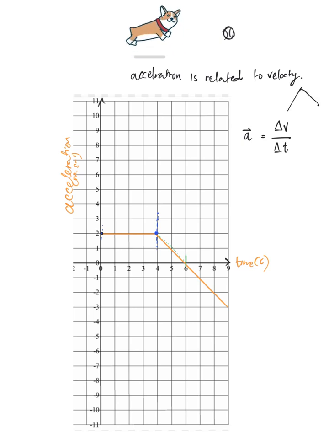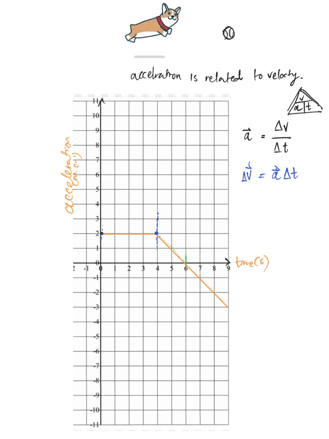That forms this little triangle that we spoke about, A is equal to delta V over t, the change in velocity over some time interval. So if I wanted to know how fast this puppy is moving, the change in velocity is equal to the acceleration multiplied by the change in time.